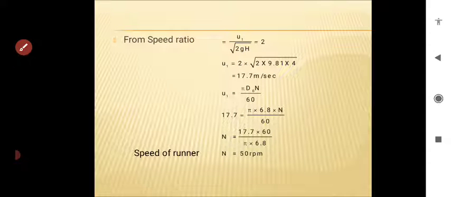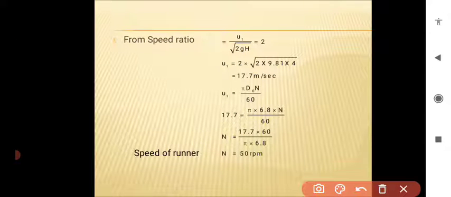The speed of the runner is equal to 50 rpm. This is the answer.